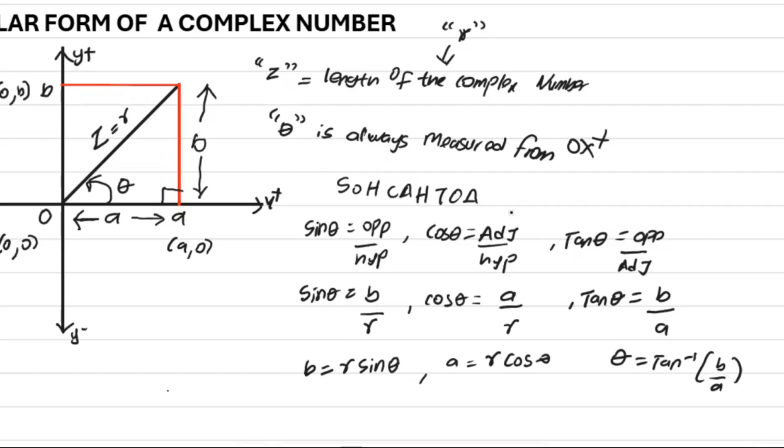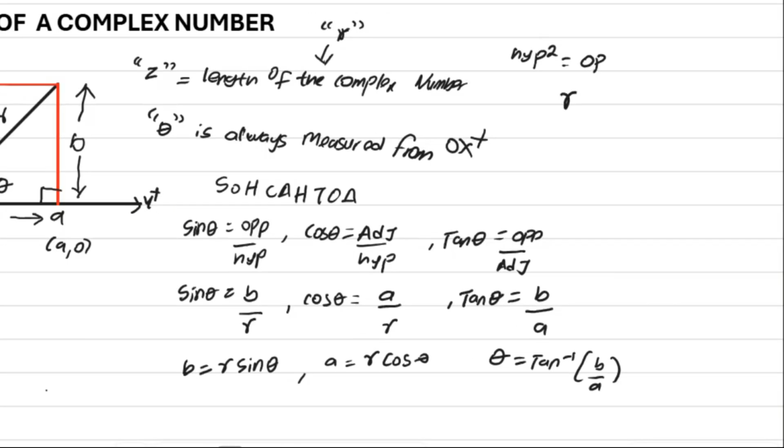Now taking a look at these derivations, since we have derived b to be r sine theta and a to be r cos theta, and I've given you that the length, our z, is equal to our r, using Pythagoras theorem: hypotenuse square will be equal to opposite square plus adjacent square. So our hypotenuse here is r.